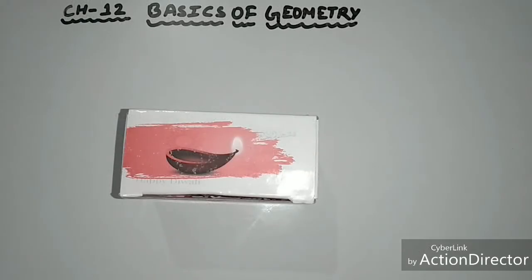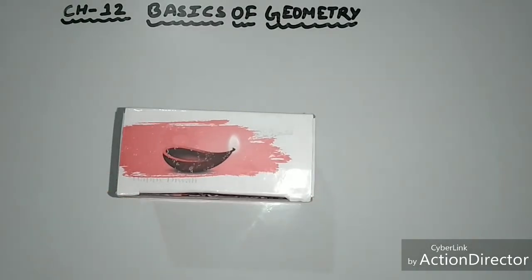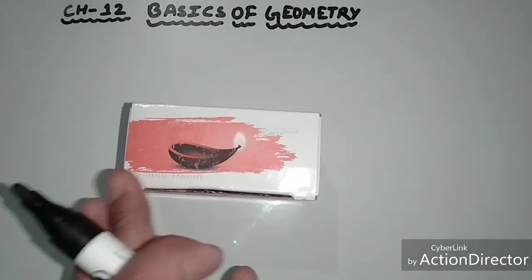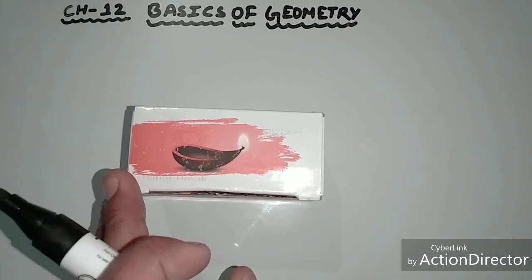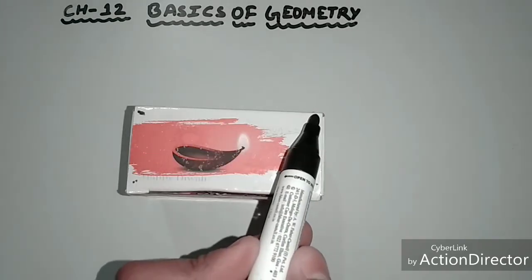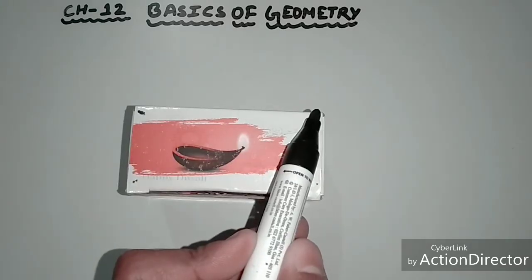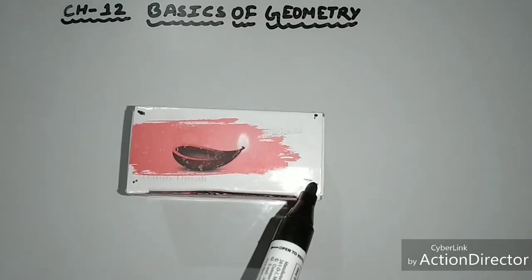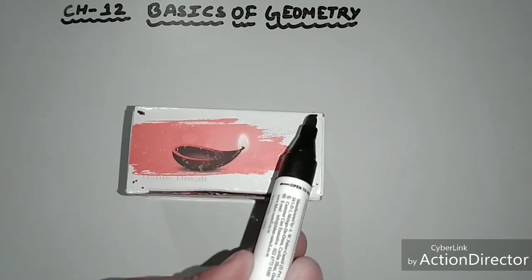Now students, I have this LED light box, and this box also shows parallel lines and perpendicular lines. This line segment of the box, from here to here, and this line segment are parallel to each other.